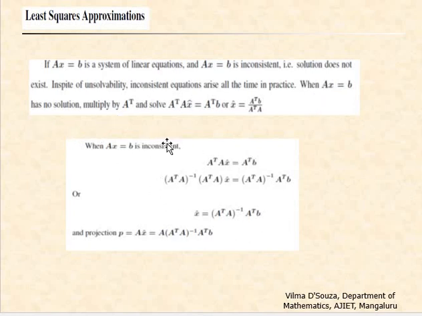So what you do is multiply both sides by A transpose, then multiply by A transpose A whole inverse. So this becomes 1, right? You know that A transpose A inverse into A transpose A is 1. So x cap is equal to A transpose A inverse into A transpose B.